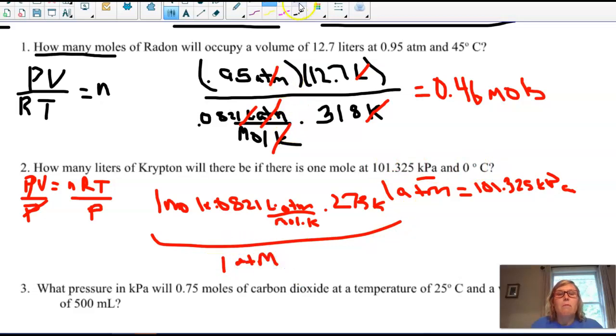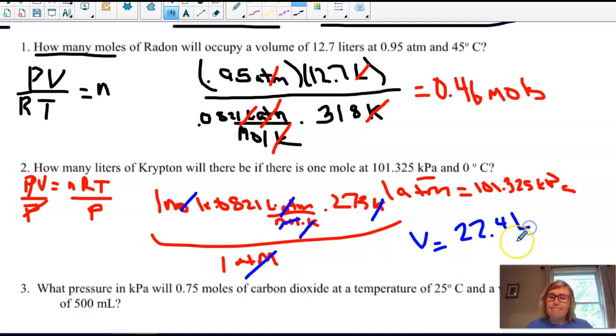So I'm going to change the color of my pen, and I'm going to say atm cancels out, K cancels out, mole cancels out. What am I left with? I'm left with liters. So we're going to do 1 times 0.0821 times 273 divided by 1, which will give you V equals 22.4 liters.